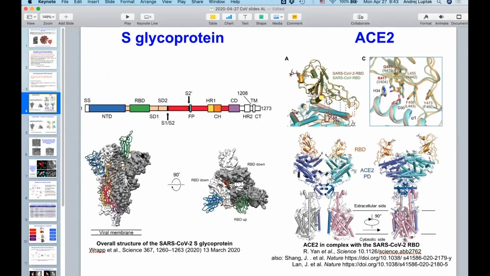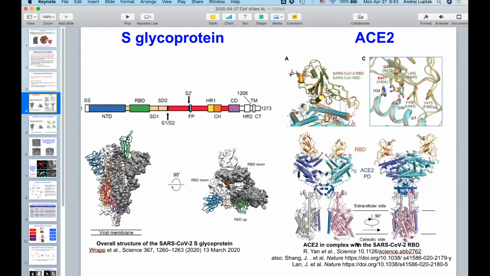In a different recent cryo-EM structure of the ACE2 receptor for the virus, they overlaid the receptor binding domains from the old SARS and the new SARS, and you can see that they're very much similar. That's the green and golden structures docked on, but the details are different for the two.